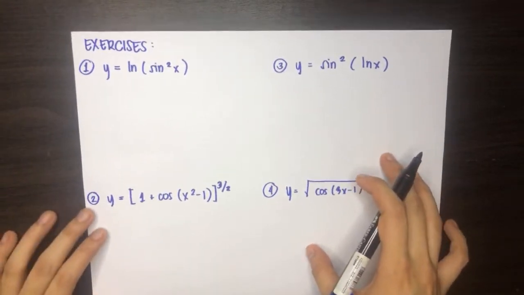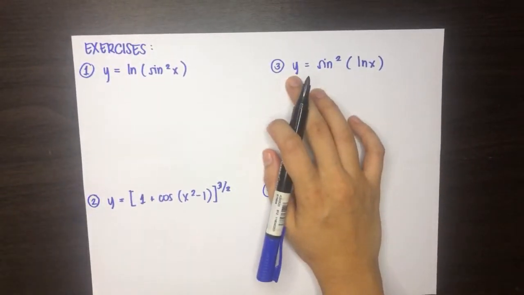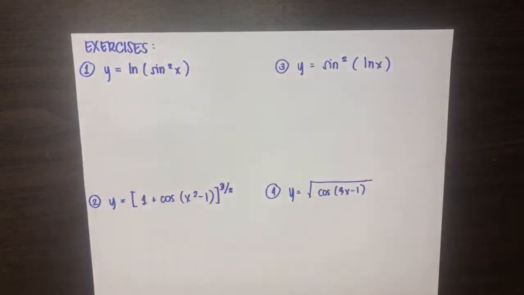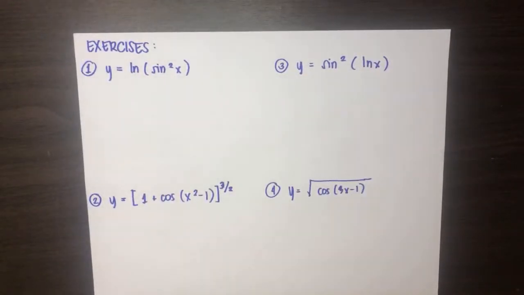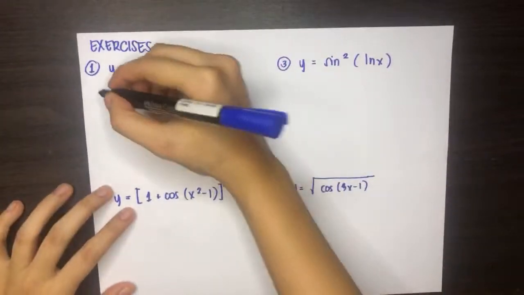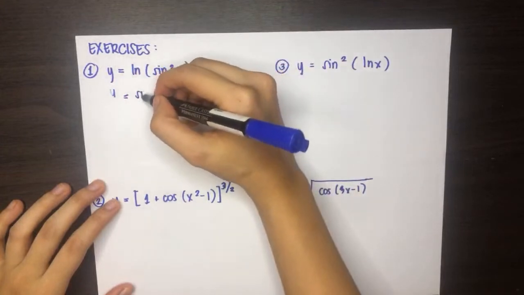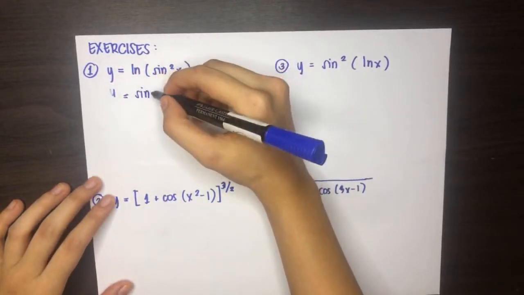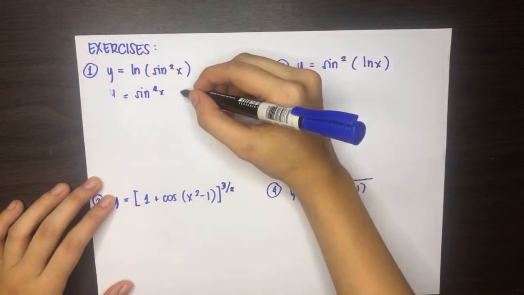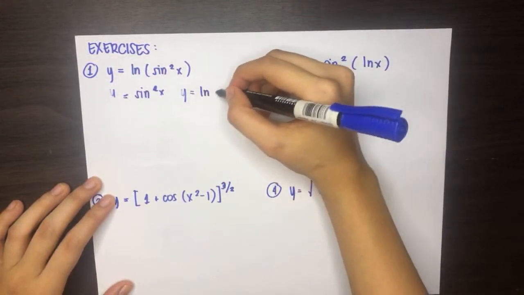So, let's continue, guys. For number 1, I will let u equal sine squared x and y will be ln of u.